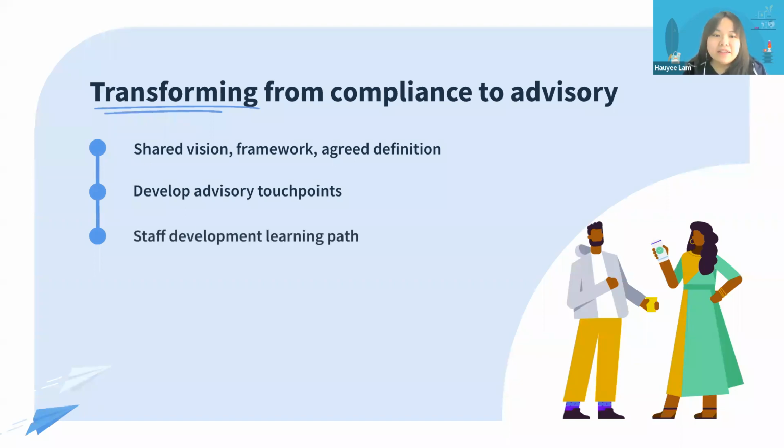And lastly, they created a clear learning path for staff development, which is becoming increasingly critical these days. And they encourage their staff to identify strengths to use at work. Now all the staff know their roles and offer excellent advisory service to clients with confidence.